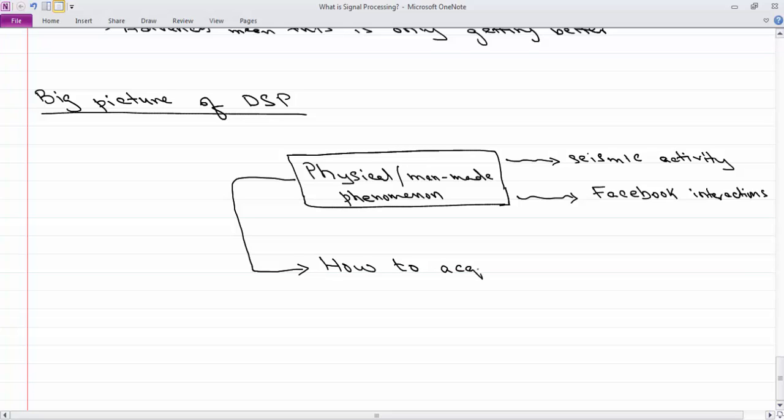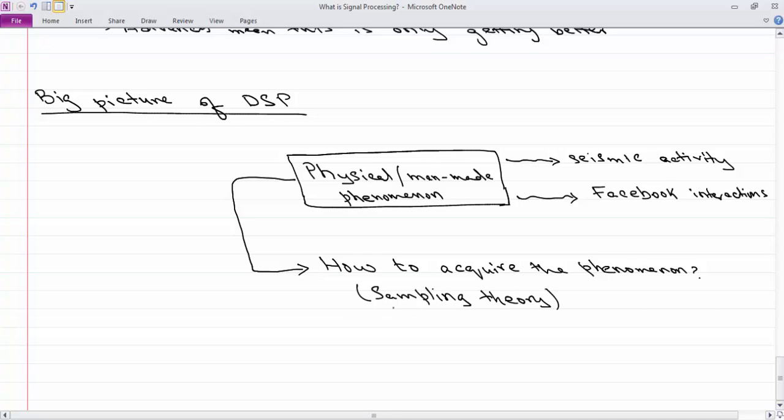How do I acquire the phenomenon? So this is called measurement, how you measure it, how you acquire it. And that falls under the category of sampling theory.